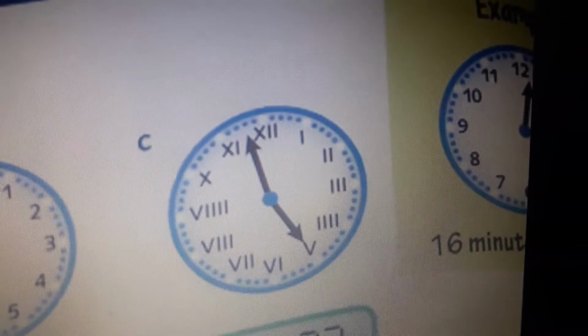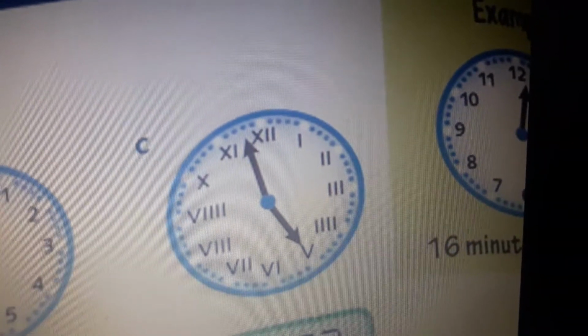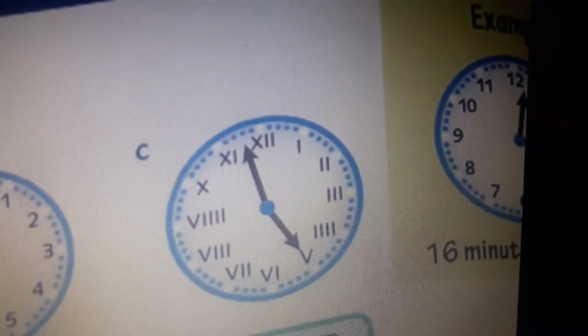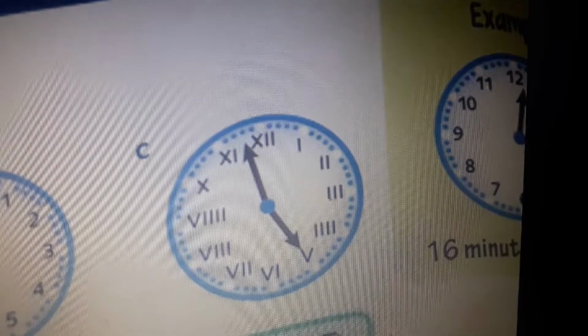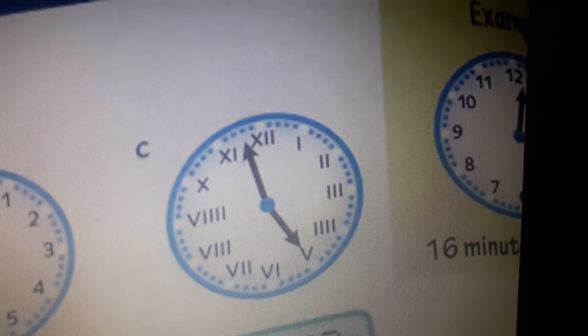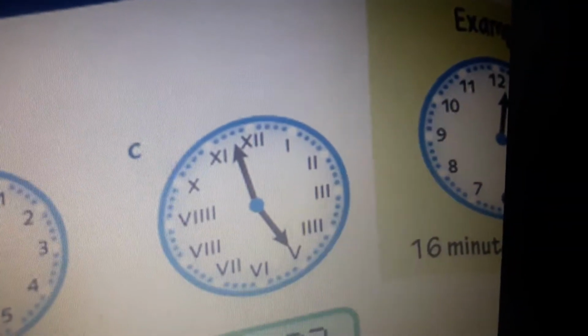After the 55, 56, 57, 58. So the minute will be 58. Of course, the hour will be less 1. Then it will be 4:58.